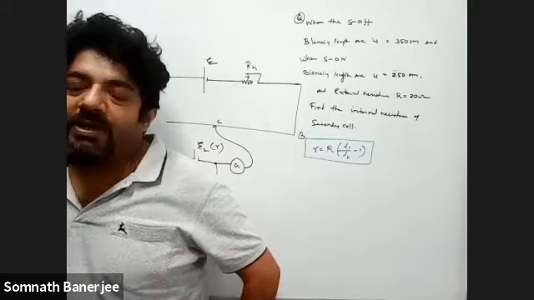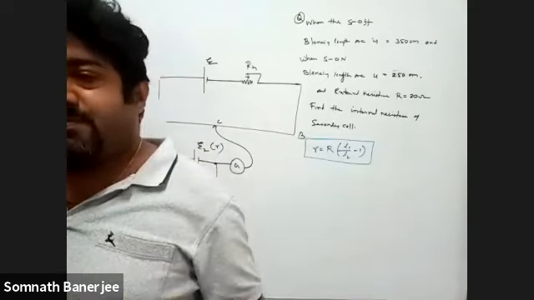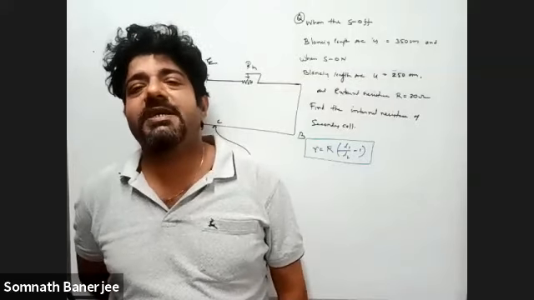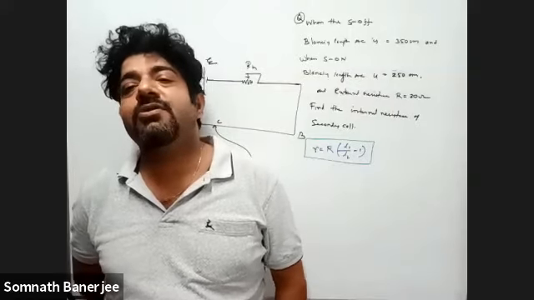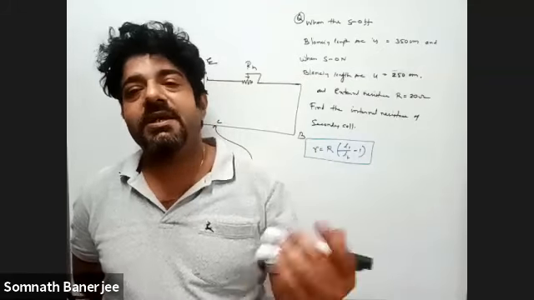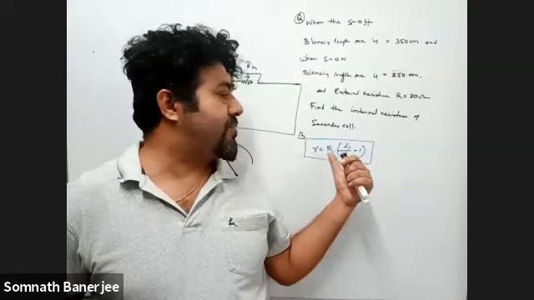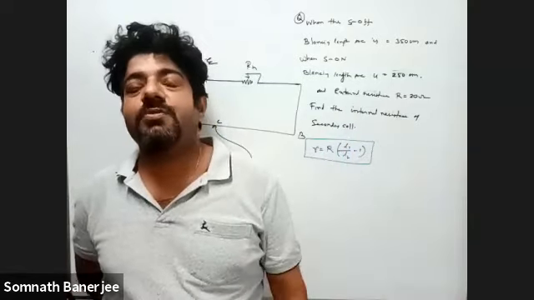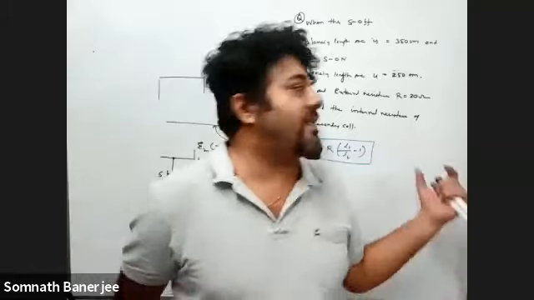So E2 by V2 equals L1 by L2. This is the first part. Now we know V2 equals E2 minus IR, and I equals E2 by (R plus small r). Arrange it and you find small r equals capital R into (E2 by V2 minus 1), and since E2 by V2 is L1 by L2, put this value and you get this one.